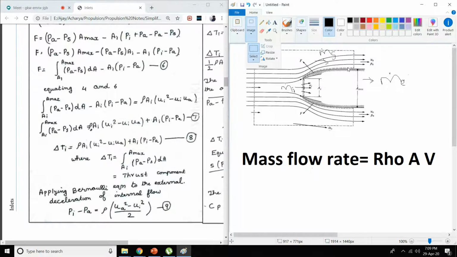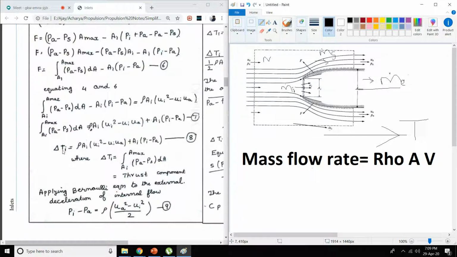So if you take the overall geometry of the inlet, this difference in force will drive the propeller in this direction. So this is your thrust component being generated at these 2 points.